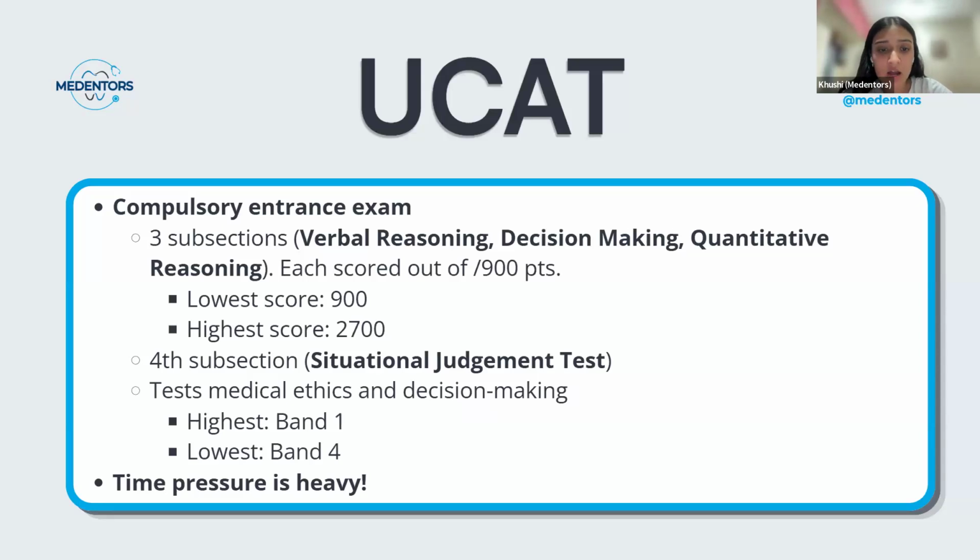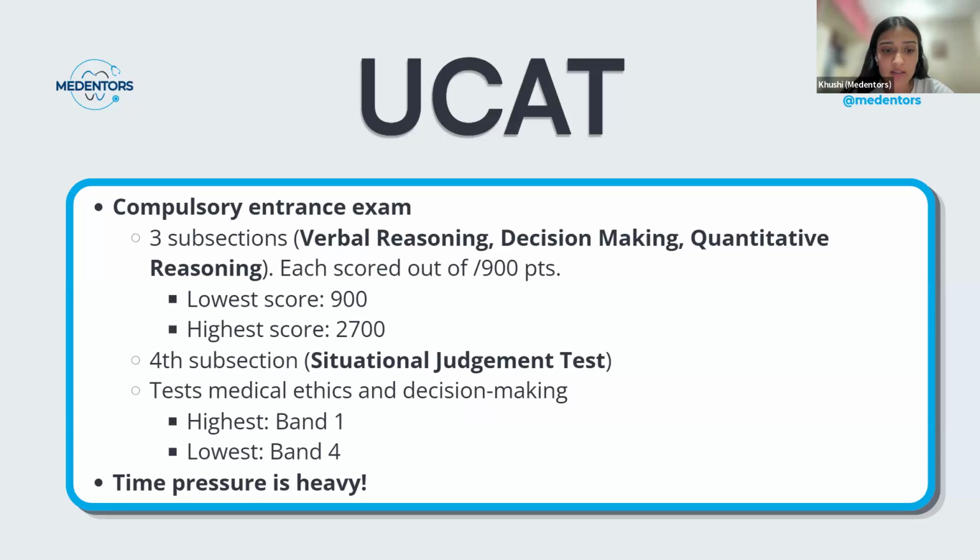Each part is out of 900, which gives you a total of 2,700 marks. Then you have a fourth subsection, situational judgment, which tests your ethics. I don't know if you're familiar with the Good Medical Practice or the Good Dental Practice, which is what the fourth section is based on.